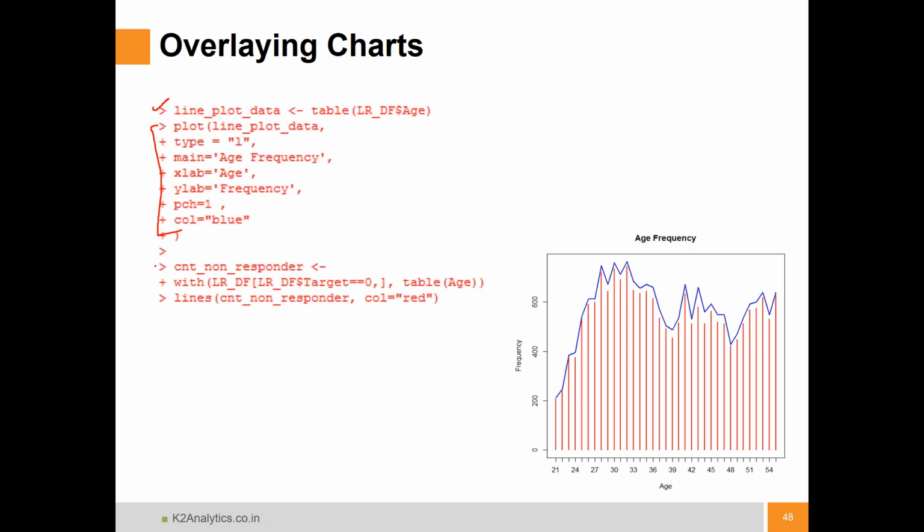On top of that, I put another piece of information for another variable by calling the lines function. This will overlay on the same graph. The lines function works on the same chart plotted in the previous step, and that's how I get these lines.